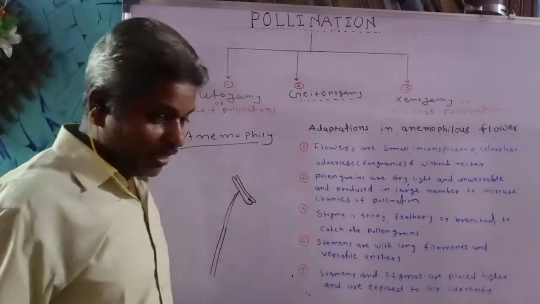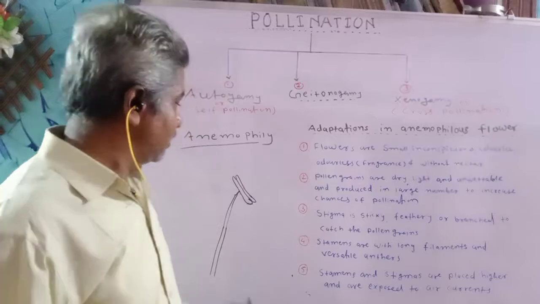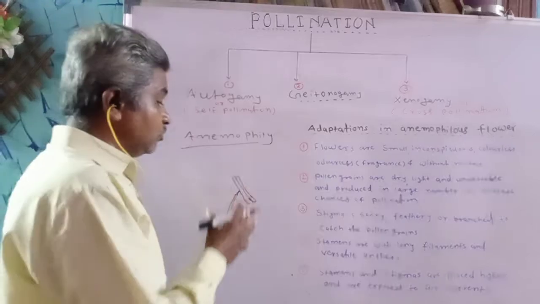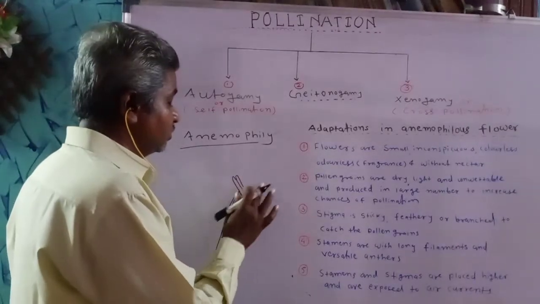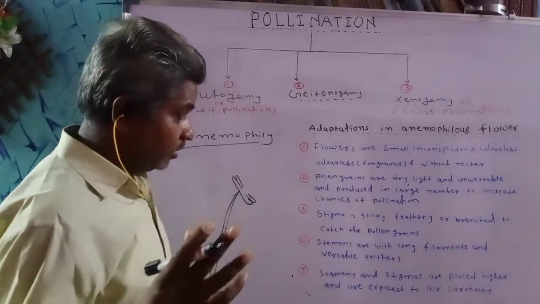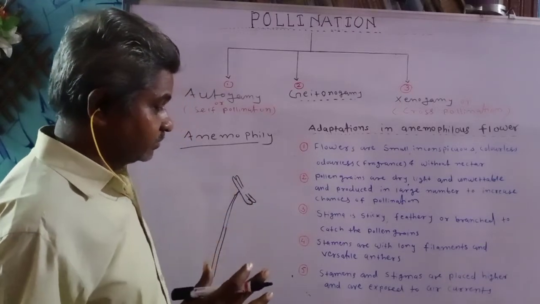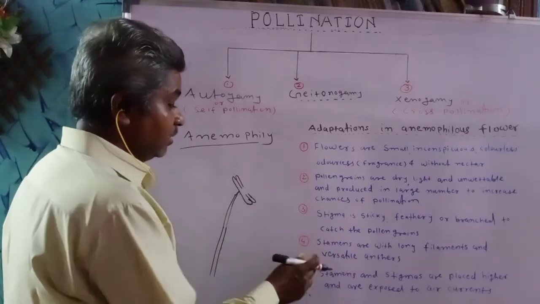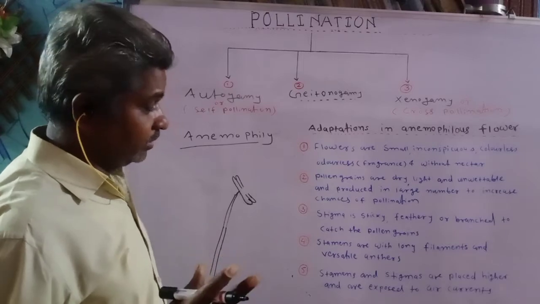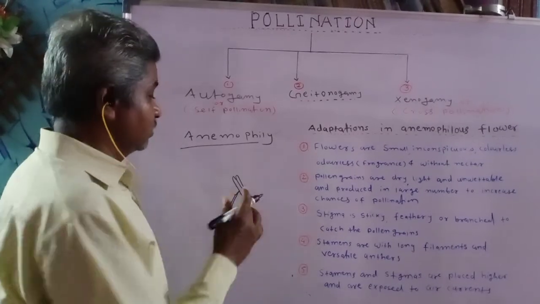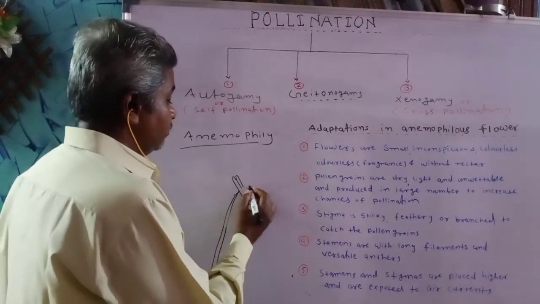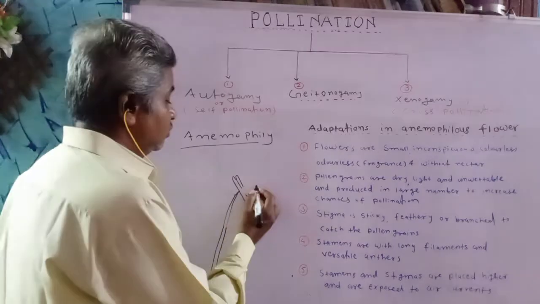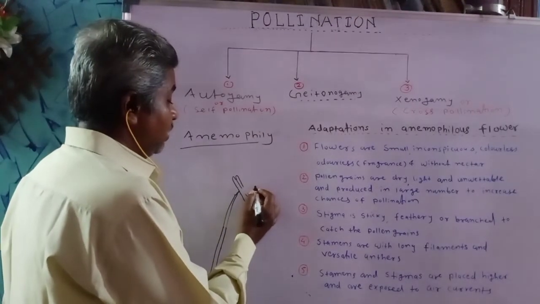So anthers are versatile, they are movable, and due to the wind current they are easily moved. Due to such movements caused by the wind current, the anthers break and the pollen grains are released.